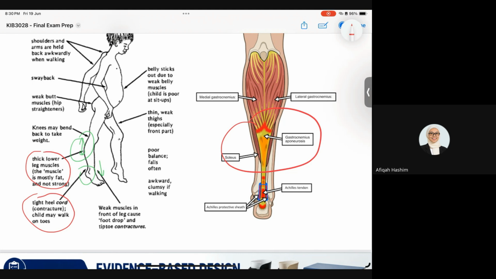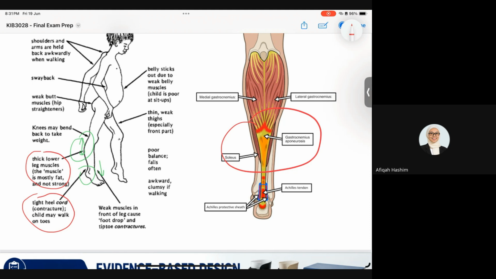Over time this abnormal movement will cause contracture, deformities, and balance problems. The role of orthosis is not to cure the disease, and it will not strengthen the muscle. Instead, the orthosis that we prescribe should support the weak muscle, improve the alignment, prevent deformity, increase safety, and mainly help the patient to walk more efficiently.